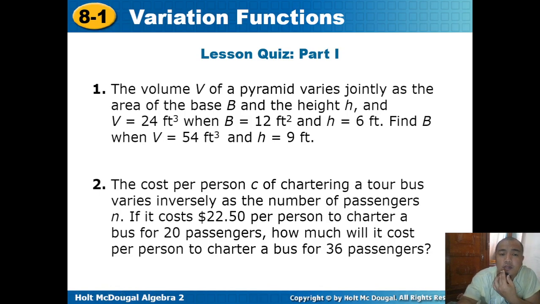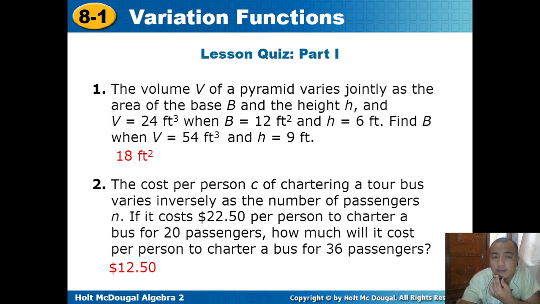Right. So for your quiz, answer number 1 and number 2. Number 1 is joint variation. This is number 2, inverse variation. So the answer for number 1 is 18 square feet, and for number 2, $12.50. Show your solution to these two problems.